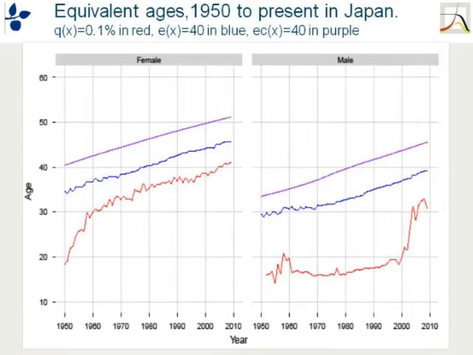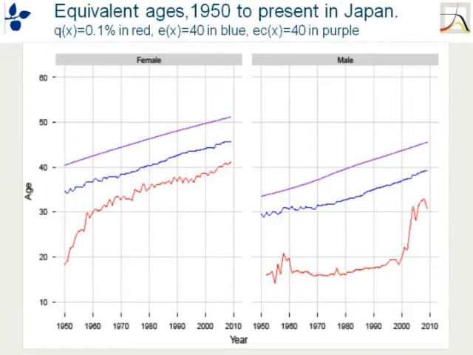It's similar for the males, but with a different pattern. So there's been a real rapid change in the age at which the chance of death is 1 in 1,000. If you look at the age at which remaining period life expectancy is 40, there's been a much more gradual shift. And if you look at the age at which cohort life expectancy is 40, it's higher and an even smoother transition.